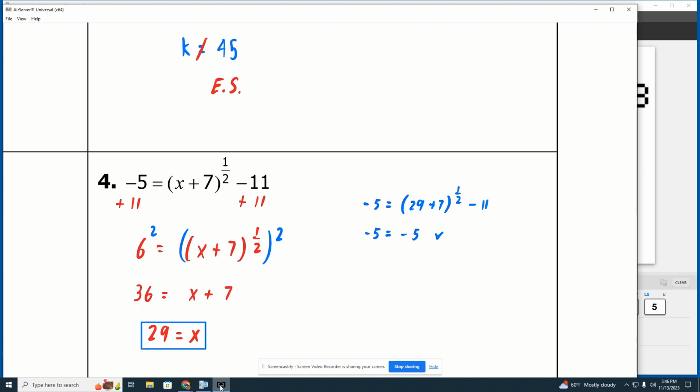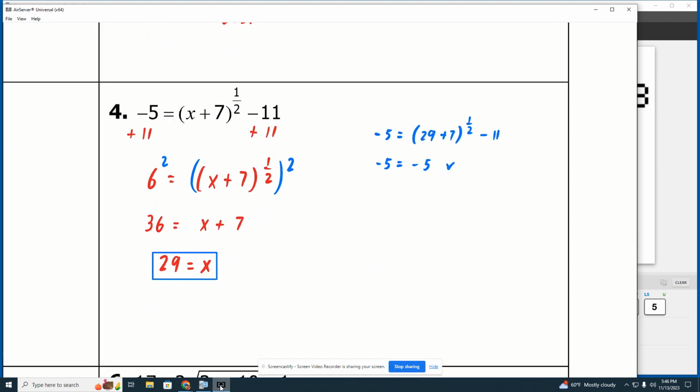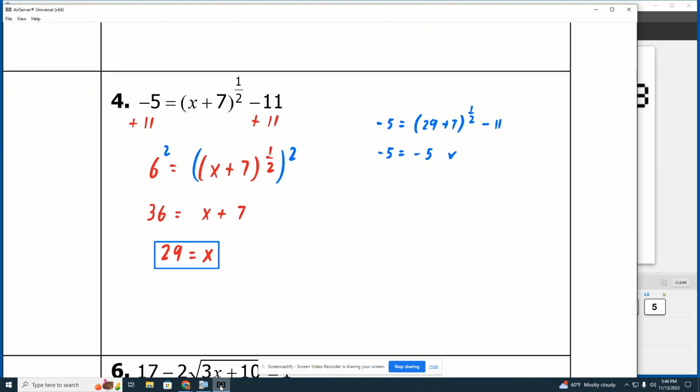So that's number 2. Here's number 4. I've already got it worked out. Take a moment to see if what you did was correct. I'll talk you through it real quick. I added 11 to isolate this radical. I know it's written as a rational exponent, but we talked about how that's the same thing as a radical yesterday. So I added 11, got 6.